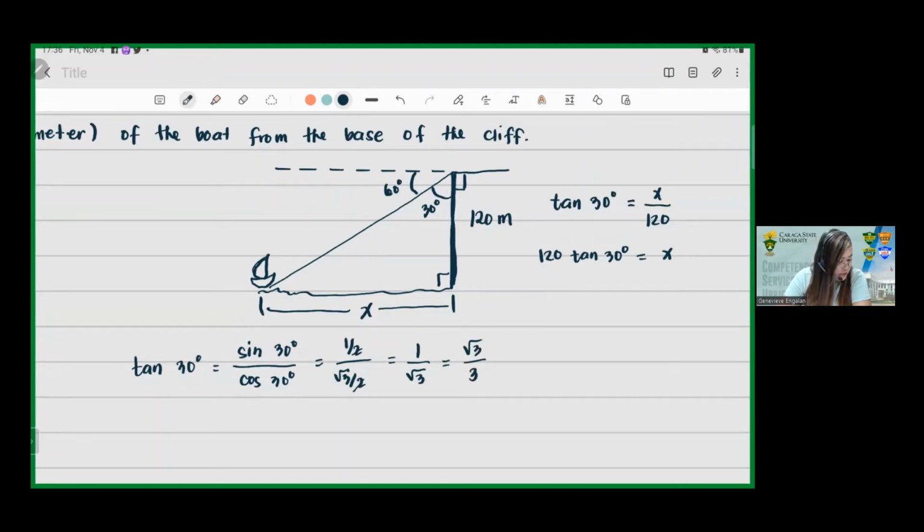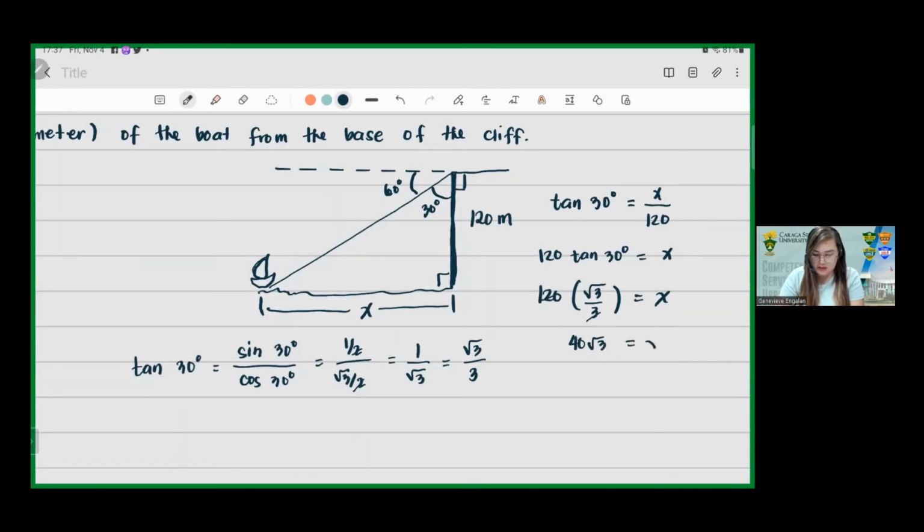Okay, so you have 120 times square root of 3 over 3. That is x. So si 120 divided by 3, pila man na? 40. So, 40 square root of 3.